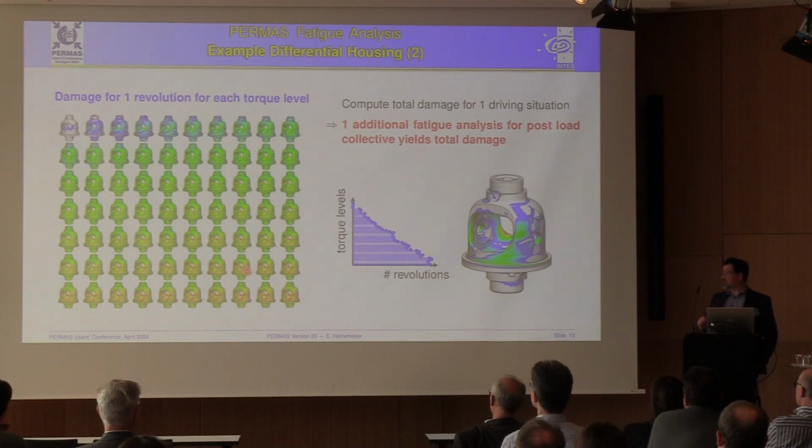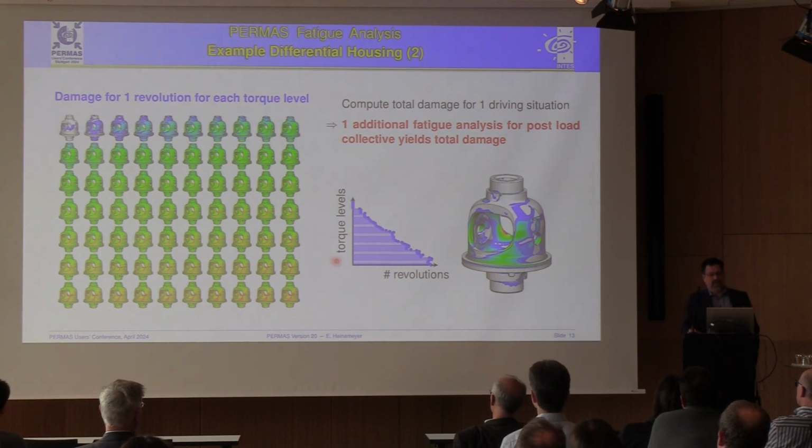So what you end up with is what you see here: 70 results which represent the damage that you get for one revolution for each new torque level.